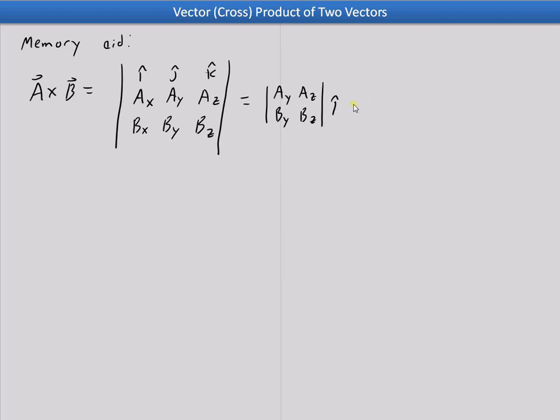And that pattern holds. Anyway, like I was saying, then we do that for J, we cross out J, so then we would be left with AX, BX, AZ, BZ. And there's going to be a minus sign here, and then the last one has a plus sign.